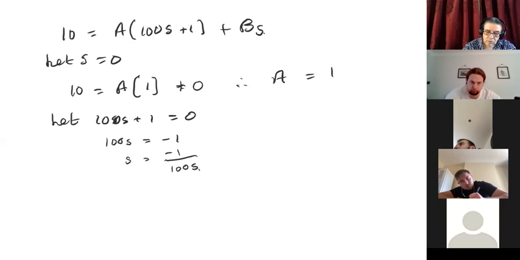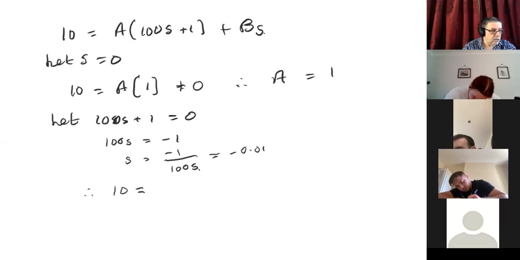Which, in probably a simpler form, is equal to minus 0.01, minus one hundredth. If we then plug that in, the A term is going to cancel out, because we've said we made 100s plus 1 equal to 0 and rearranged it to find s.